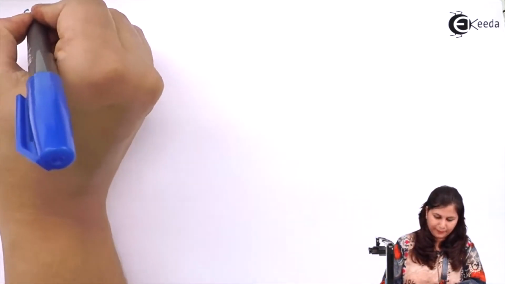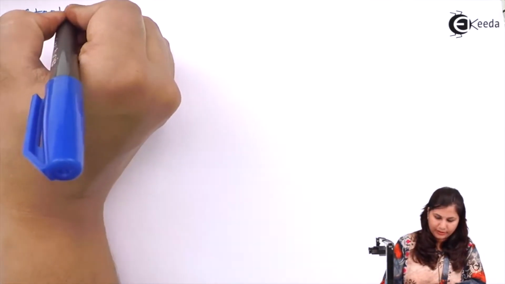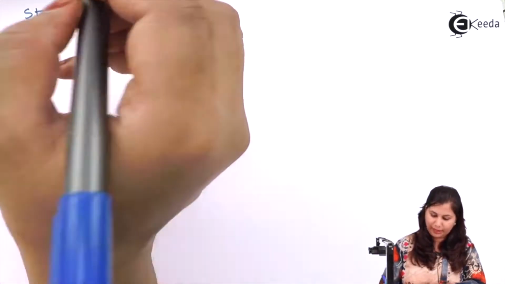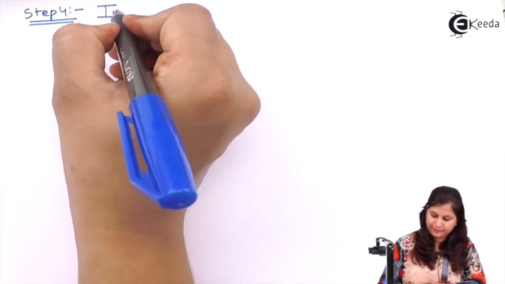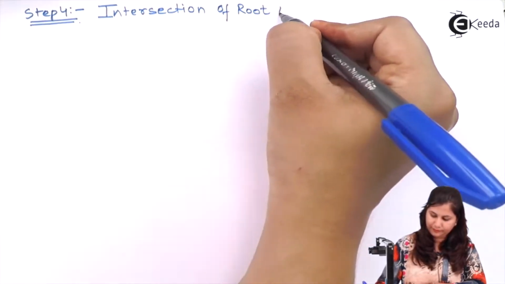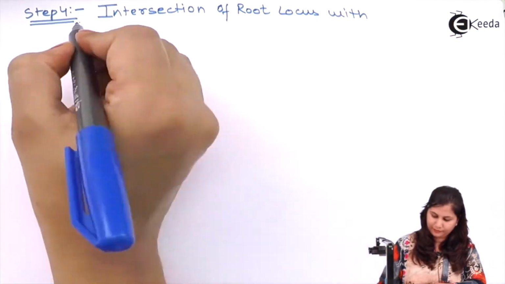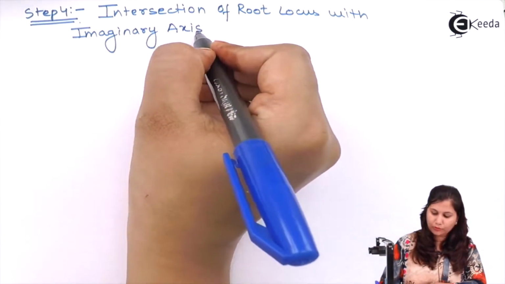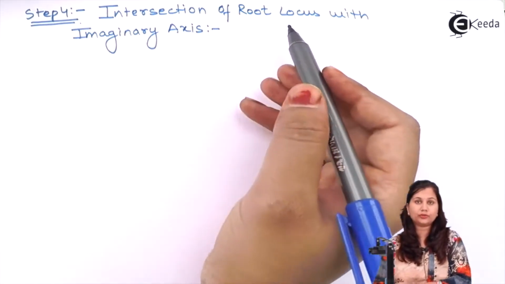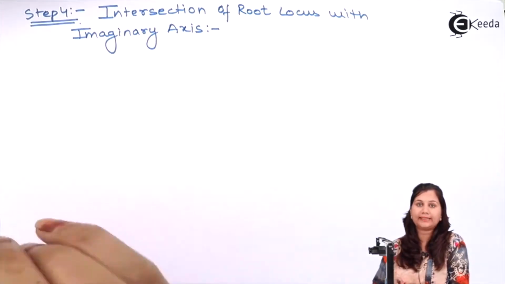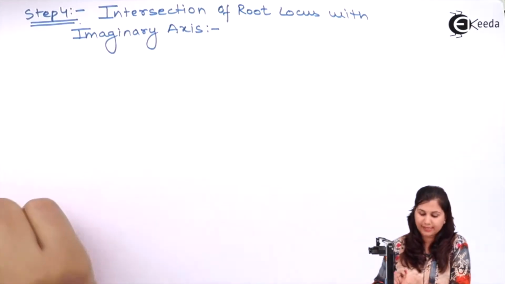Now our next step will be step number 4. We will find the intersection of the root locus with the imaginary axis. To find this intersection, we first have to find the characteristic equation of this system.